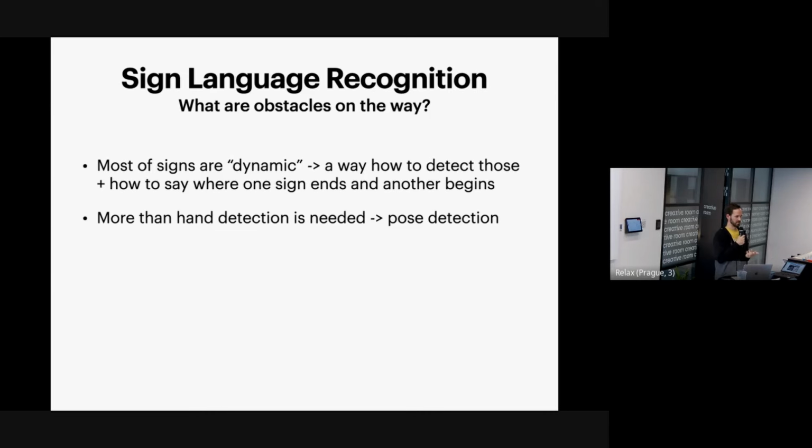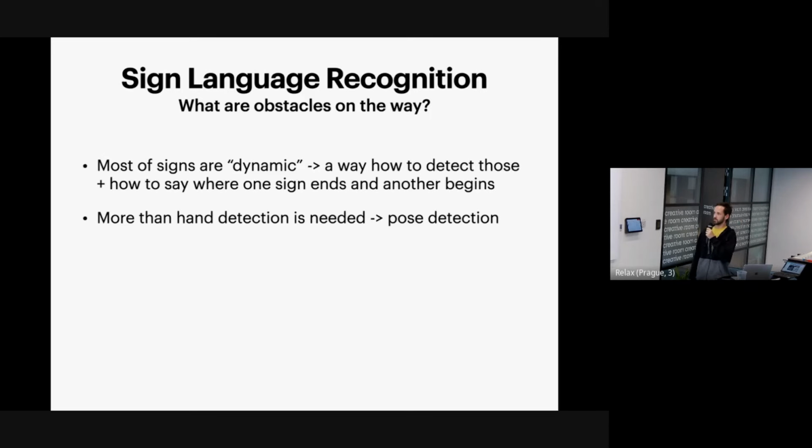If you've seen hearing impaired people talk, you see that they are just moving constantly. It's a dynamic process. And there is not an easy way to say where one sign ends and the other one begins, because sometimes the motion continues and the meaning is different. But of course there would be a way, and now I'm telling you, if you work on this later, this is what you should take care of.